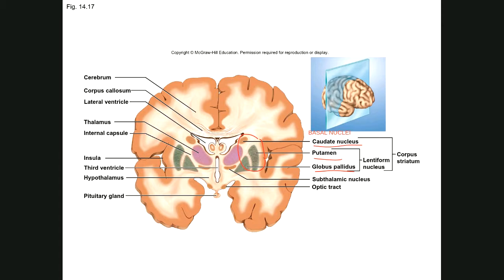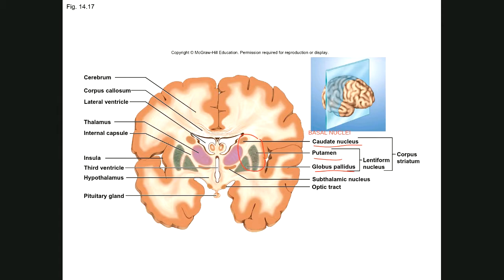Now, in the past, maybe over 60 years ago, 70 years ago, sometimes these basal nuclei were referred to as ganglia. However, you know the true meaning of ganglia now. Ganglia means a group of neuron bodies outside of the central nervous system.